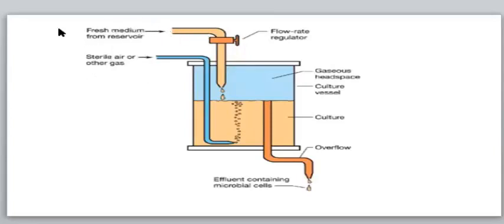Here, ready-made medium, means the media is already prepared and kept separately, and after a certain time, suppose we remove about 20 liters, we add the same amount, 20 liters, so that the biomass, the cells, will remain in exponential phase, so that the product formation rate will be higher.